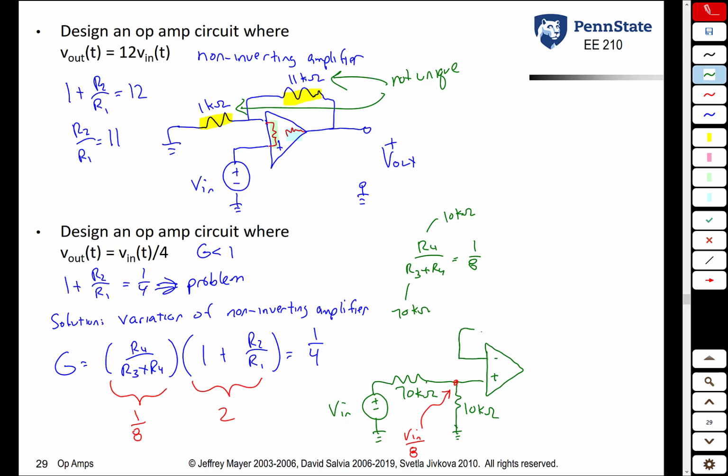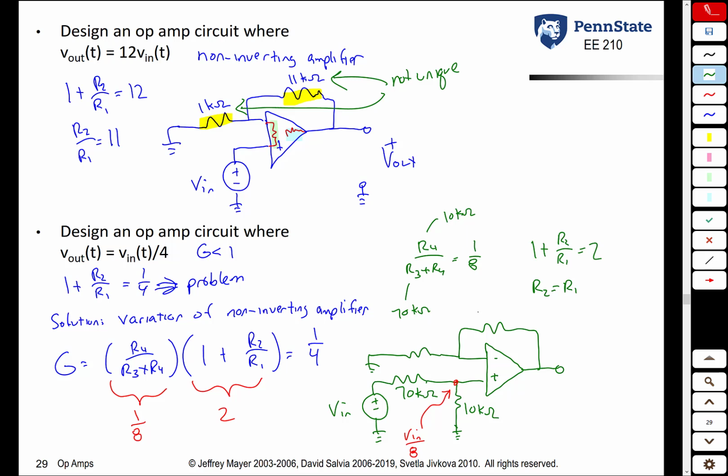Then we want to choose the other two resistors. For that one, we want what? We want 1 plus R2 over R1 to equal 2, or R2 has to equal R1. Once again, infinite number of solutions here.